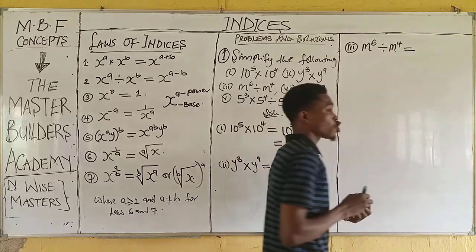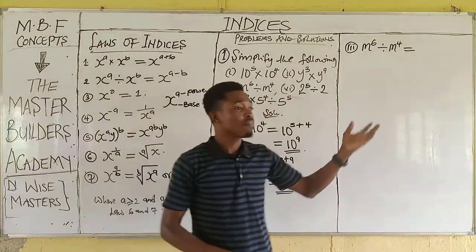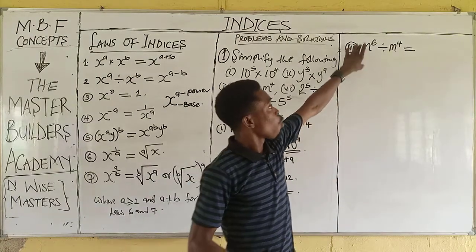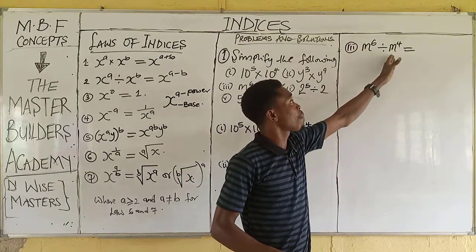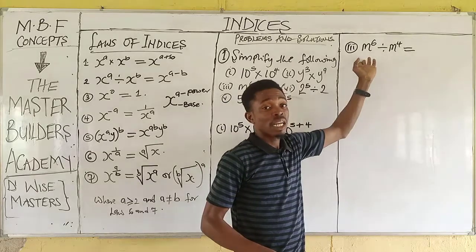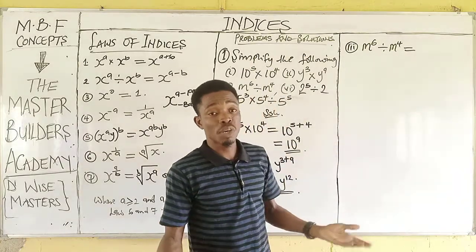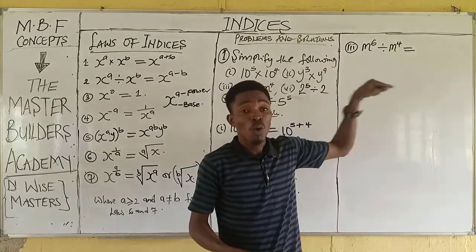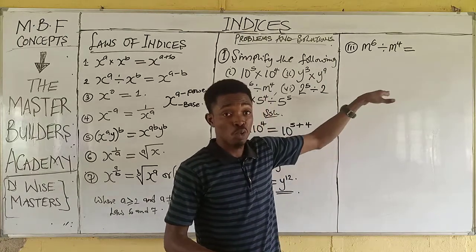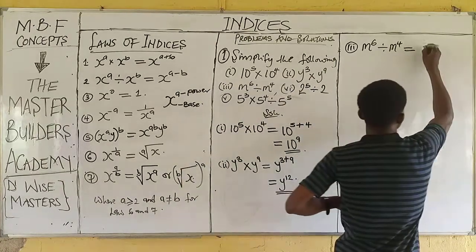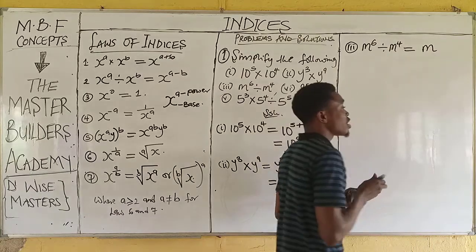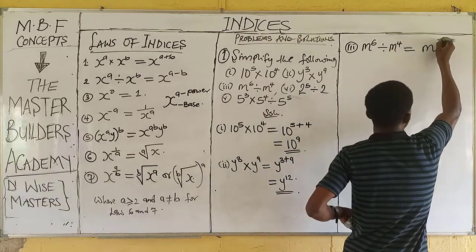And don't forget also that we have one index notation being divided by another. Now, when this happens, what do we do? We first of all check whether they have equal base. Of course they do. Then I will put down the base. Now the next thing I quickly do is to put down the first power.